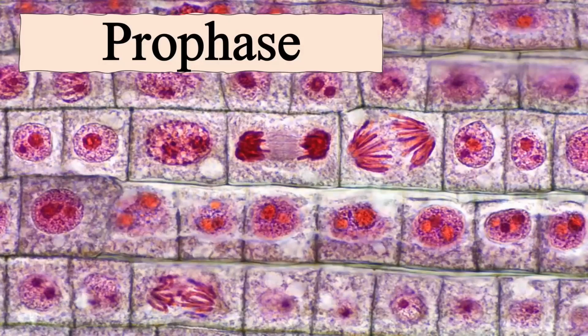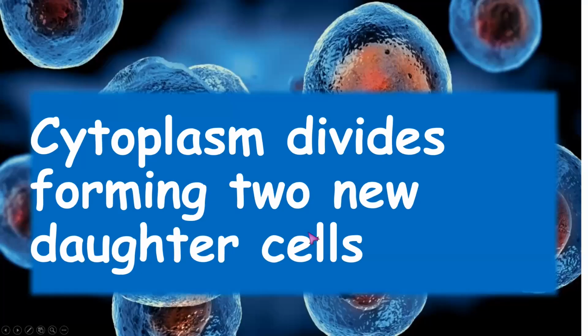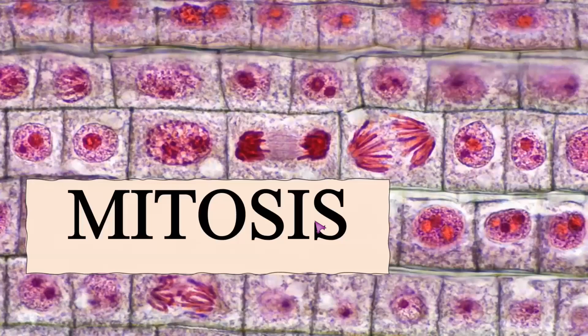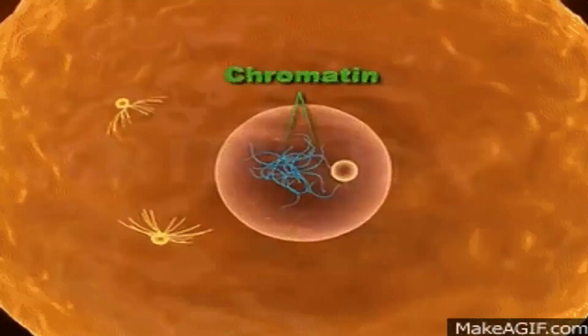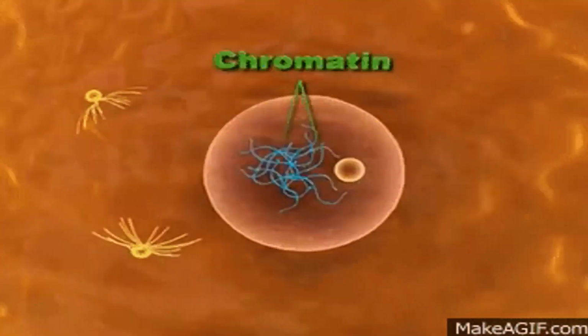Now, in the prophase, you will see that the chromatin, which is a complex of DNA and proteins, condenses into visible chromosomes, and each chromosome consists of two identical sister chromatids connected by a centromere. Kindly take a look at the animation.